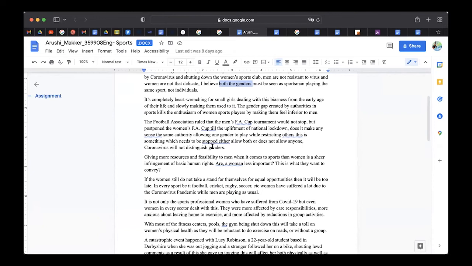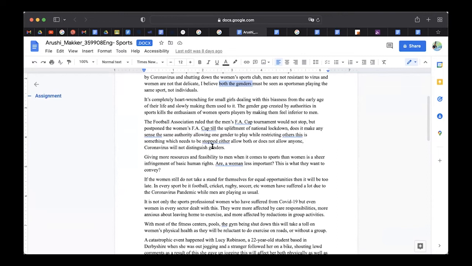It's completely heart-wrenching, or again, you can add so many quantifiers, especially, extremely wrenching for small girls dealing with this bias right from an early age of their life and slowly making them used to it.